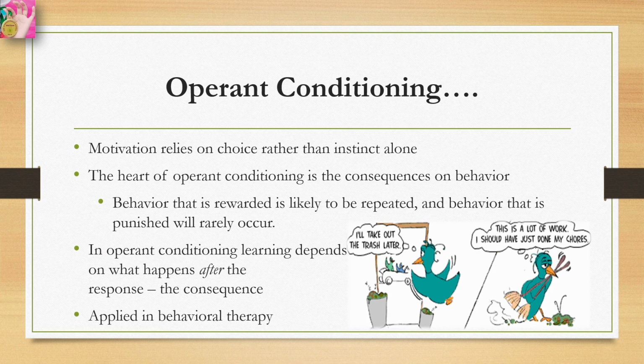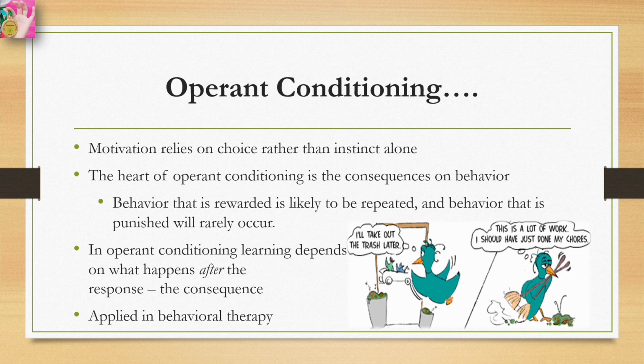So, the heart of operant conditioning is the consequences of behavior. Behavior that is rewarded is likely to be repeated, and behavior that is punished will rarely occur. Or you can say any behavior which leads to positive consequences is more likely to be repeated, and any behavior that leads to negative consequences is less likely to be repeated.